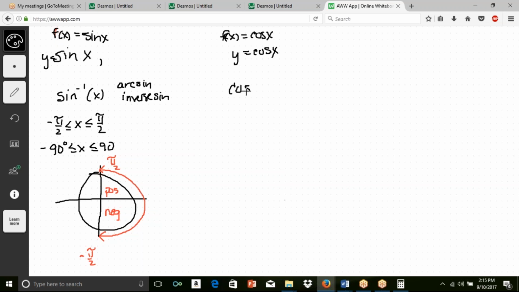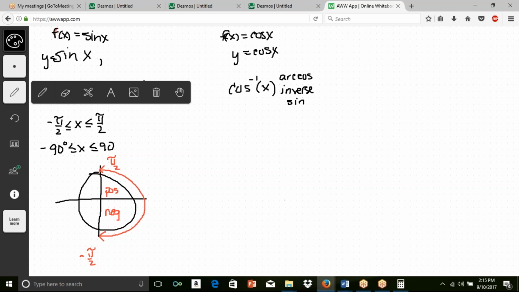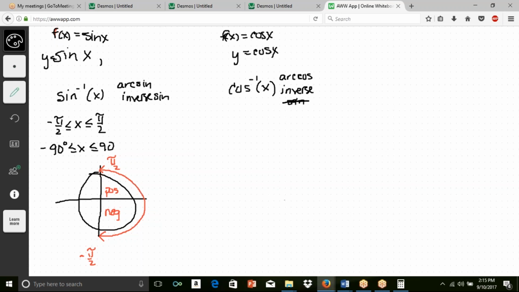I know that I can say arc cosine of x, which we can write as arc cosine, or inverse cosine. Sorry, inverse cosine. Arc cosine, or inverse cosine.